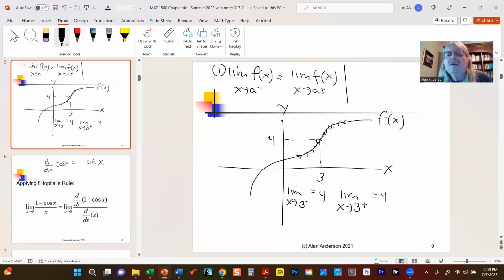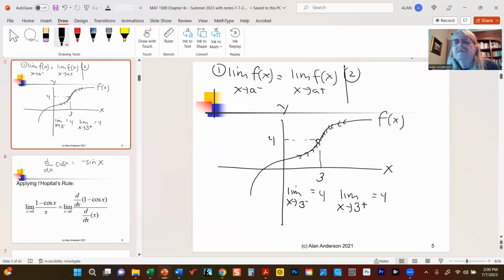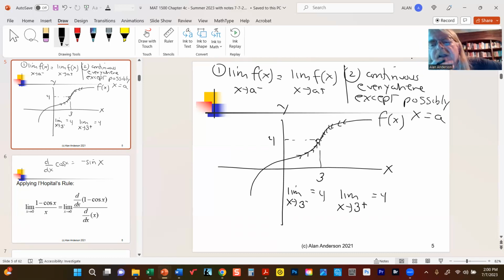That was requirement number one, continuous everywhere, meaning the entire real number line, except possibly x equals a. In other words, it's okay if there's a discontinuity at that point, we still will have a limit. As long as the limit from the left and the right are the same, whatever that number is, that's our limit. So our conclusion from all this is that the limit of this function, in spite of the discontinuity, as x approaches 3, is 4.